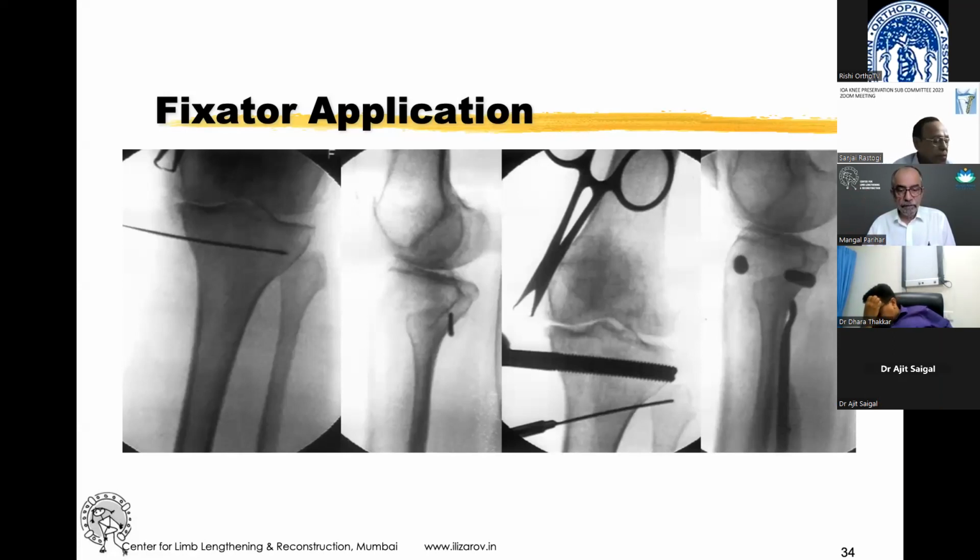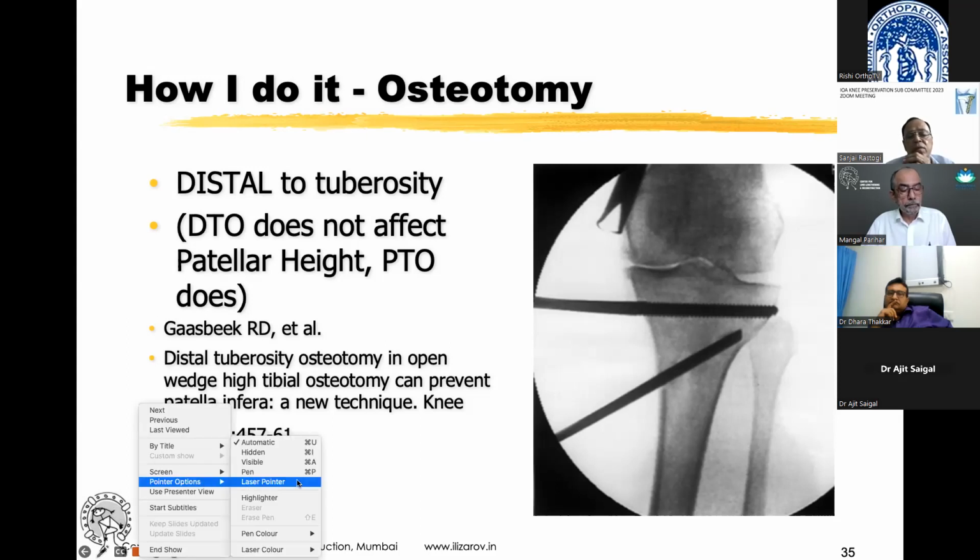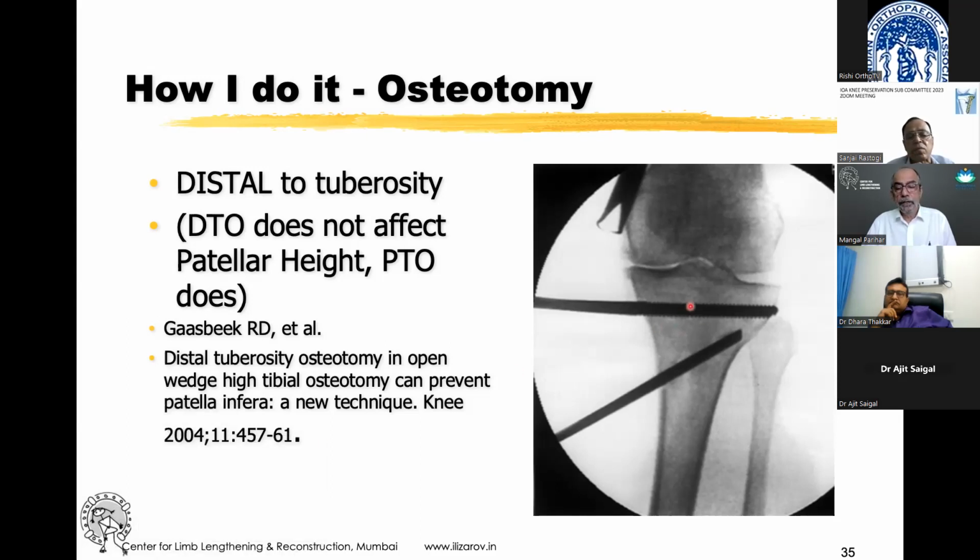Once we have the pins in place, the fixator is removed. And then I do an osteotomy, which is distal to the tuberosity. The tuberosity will come somewhere over here, the tuberosity and the attached ligament.